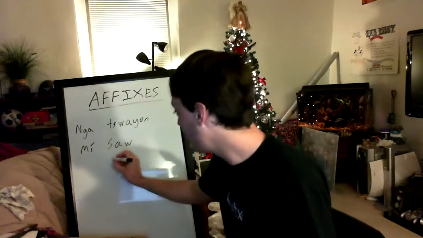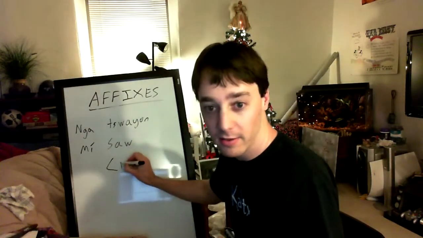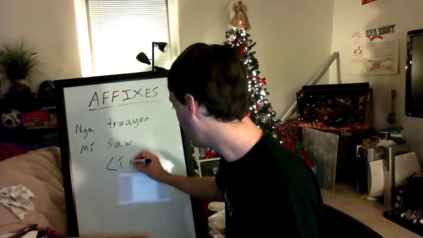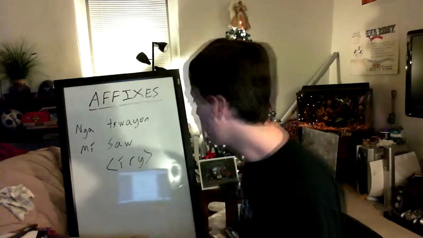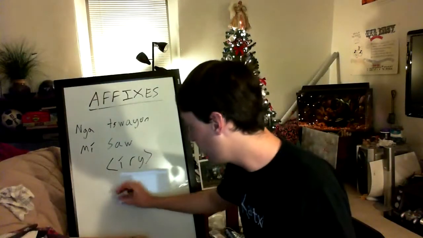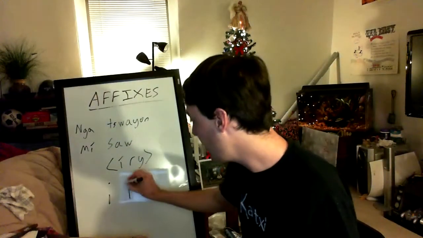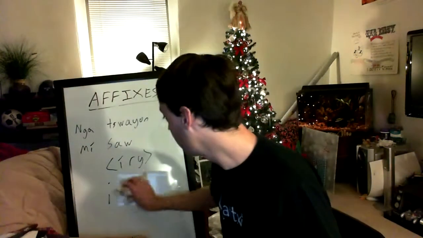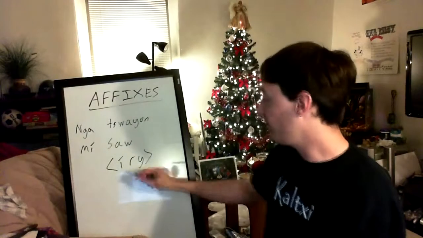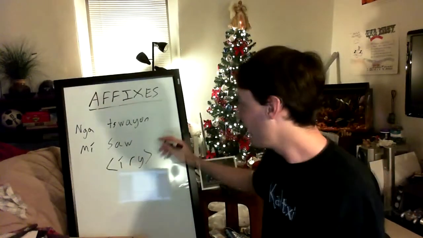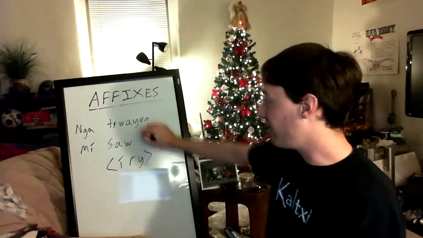So we use the infix, where's my notes here? "Iry." So this is the accented I again. Remember, it's not E, it's I. E versus I. So this is "iri," I-R-Y. And so we have swayon here.